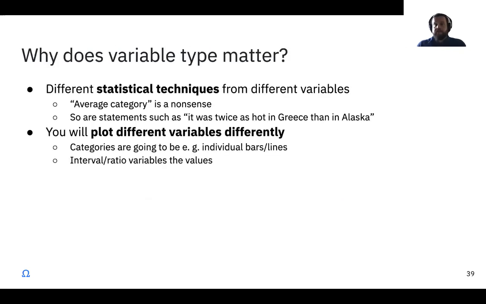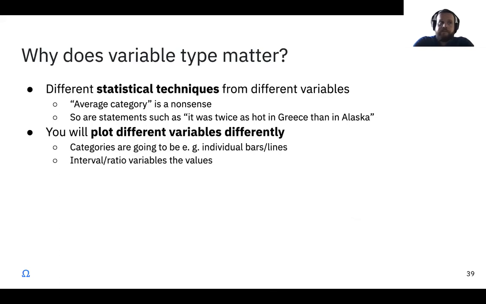So why does all this matter? Why did we just go over four types of variables? What's the deal? Obviously there are different statistical techniques for different variables, because information visualization is very strongly tied to data science. You need to be able to process the data.